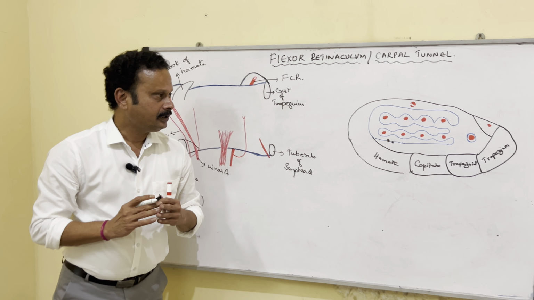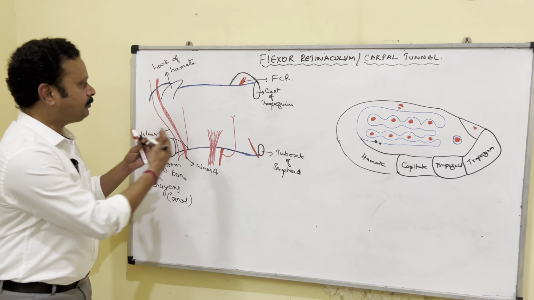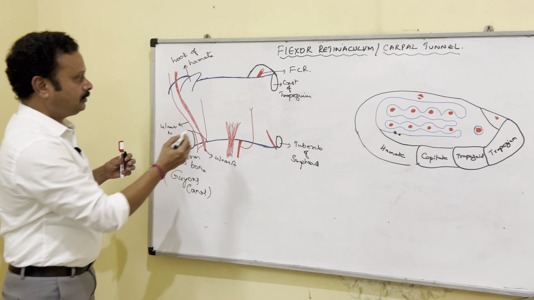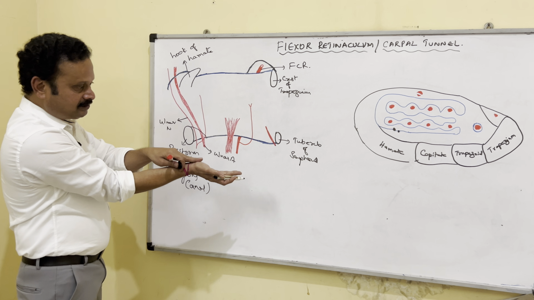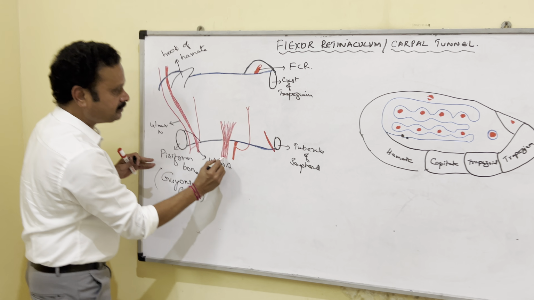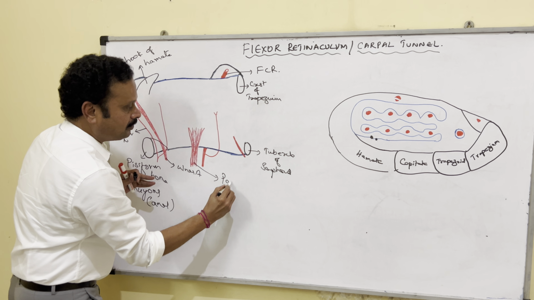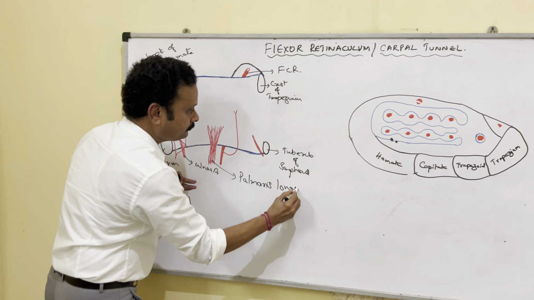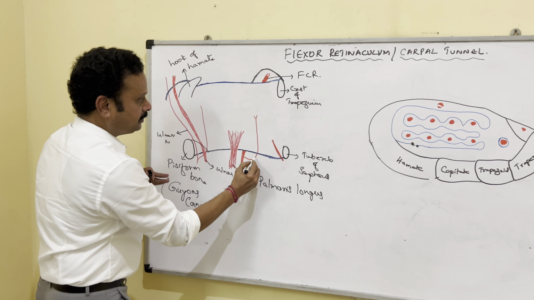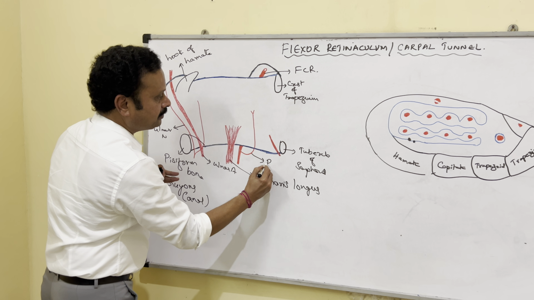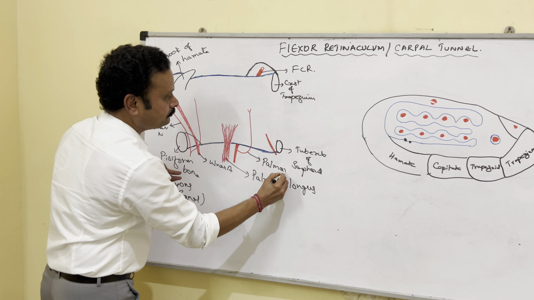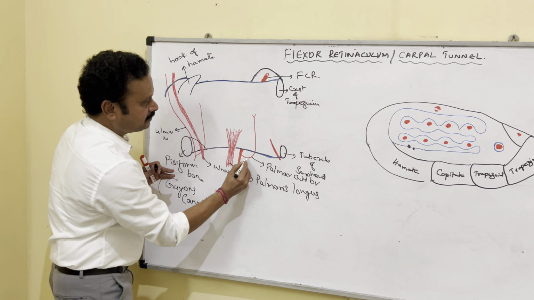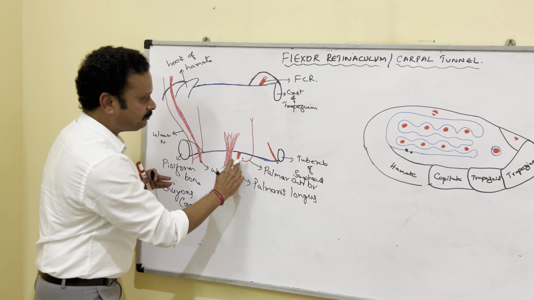Now coming to the structures which pass superficial to this flexor retinaculum. Number one is the palmaris longus muscle; this one is the palmar cutaneous branch of the median nerve. This is the median nerve, and this one is the palmar cutaneous branch of the median nerve, which passes superficially.